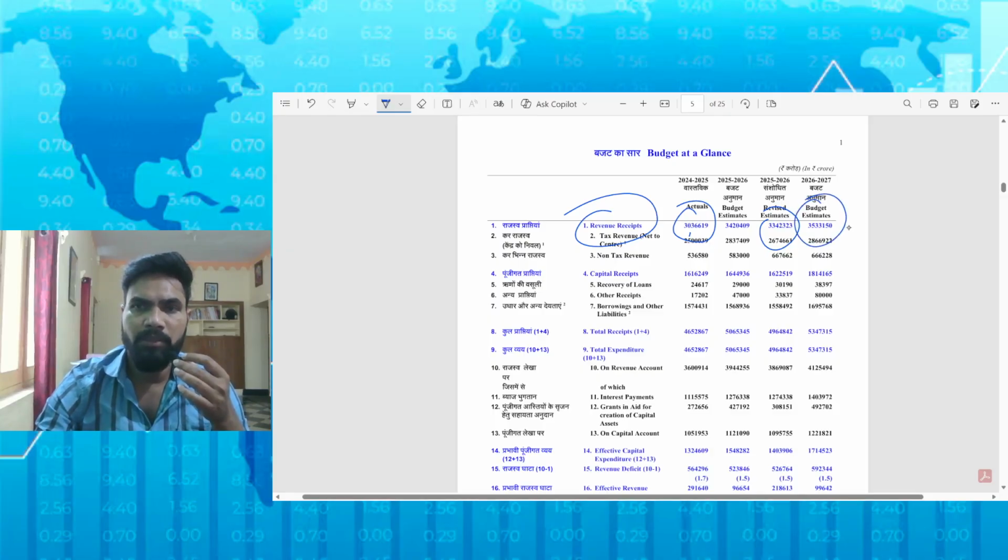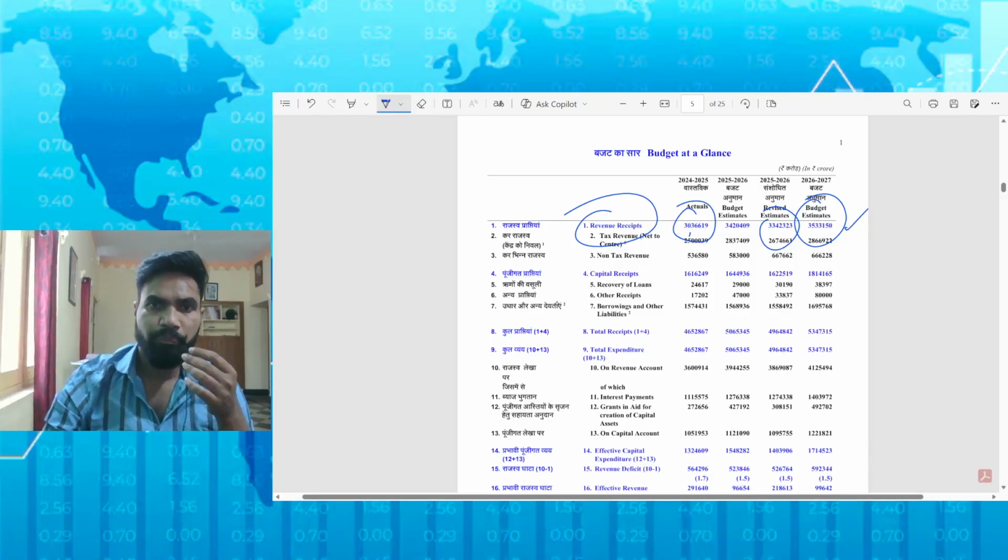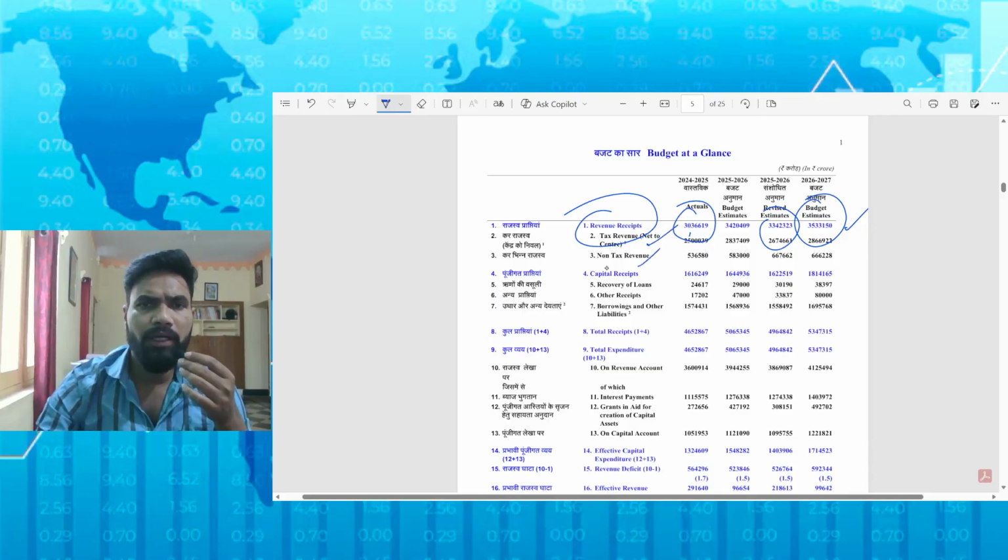The upcoming financial year 26-27 budget estimates are 35 lakh 33,000 crore. Then you can divide that into tax revenue and non-tax revenue. Tax revenue receipts from taxes are 28 lakh crore rupees. Non-tax revenue will be 6 lakh crore rupees roughly.